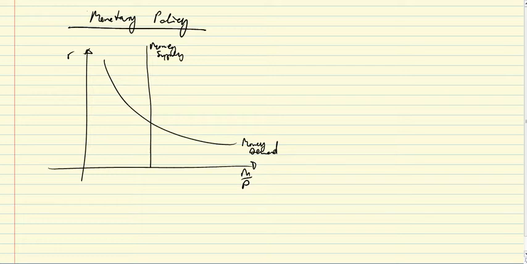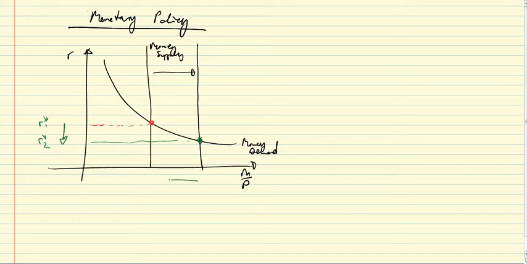What if the central bank wants to reduce the interest rate? Well, it's quite straightforward to see that requires an increase in the money supply, which will lead us to a new R star, R star 1 and R star 2. So with the increase in the money supply here, we get a reduction in the interest rate.